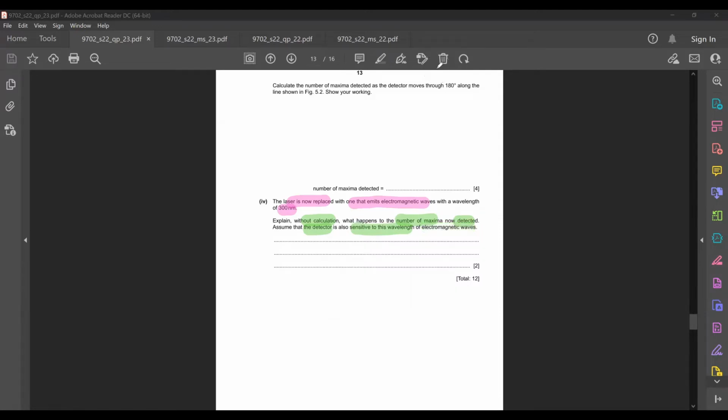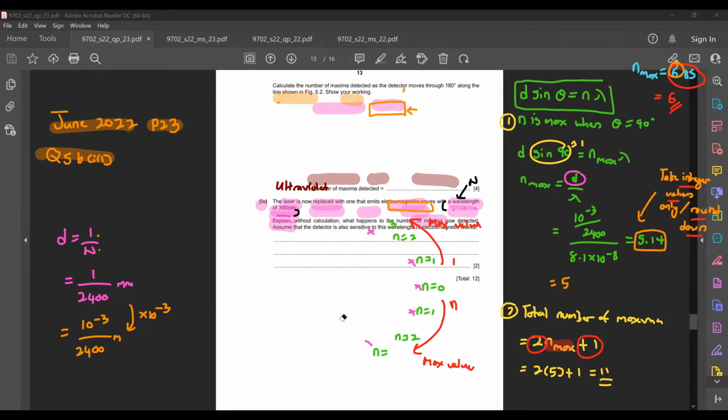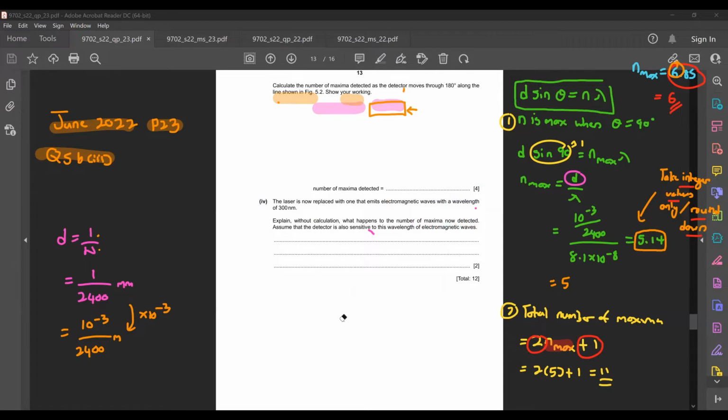For this one, I think it's better if I just show back the original workings that I have. Right now, they just replace your wave with another different wave that has a value of 300 nanometer. They want you to find out what happens to the number of maxima that you can detect now if you were to repeat the same detection over 180 degrees. So 300 nanometer is the new wavelength of the wave.